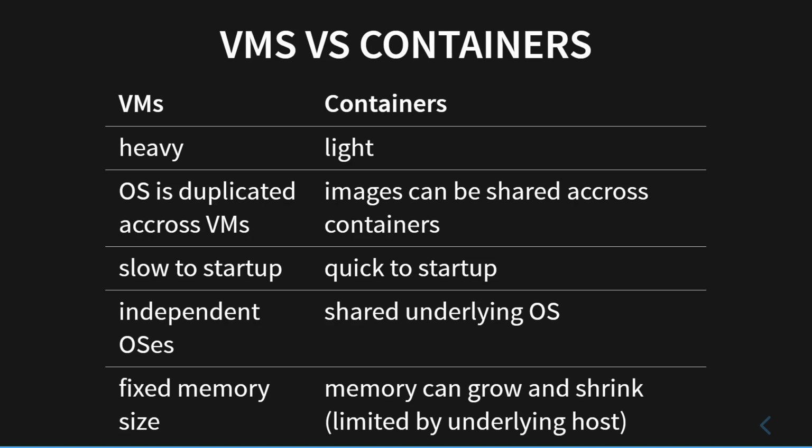With virtual machines, again, we have a full-blown operating system duplicated across each virtual machine, whereas with containers, we can share the underlying images. So there's more sharing involved in containers, which are more efficient.